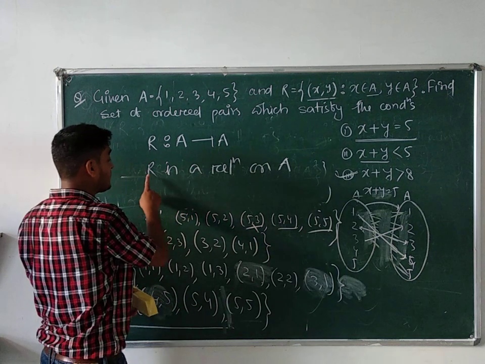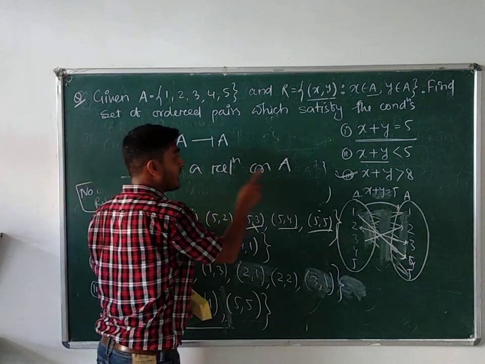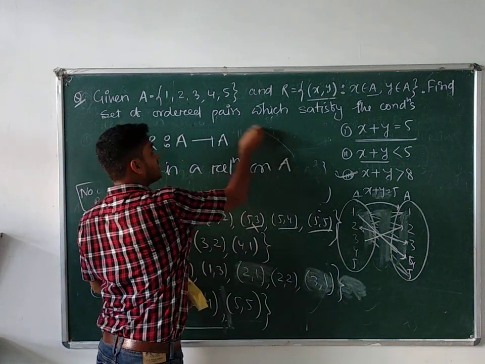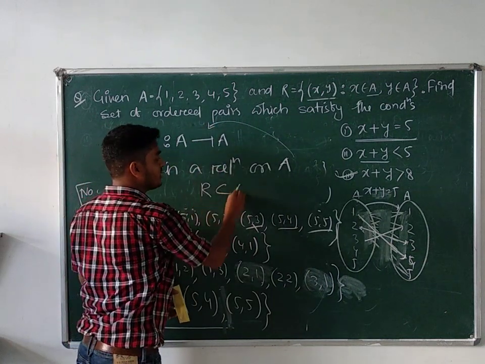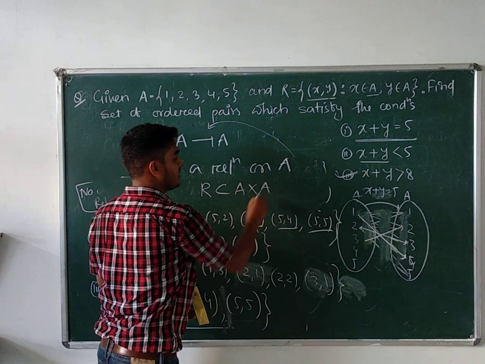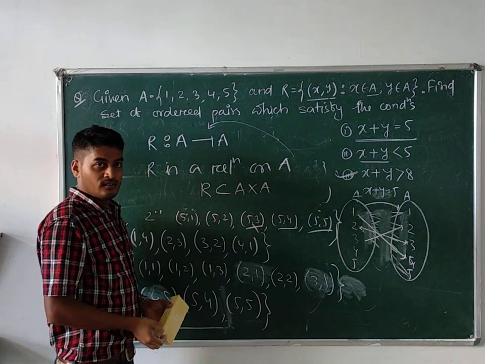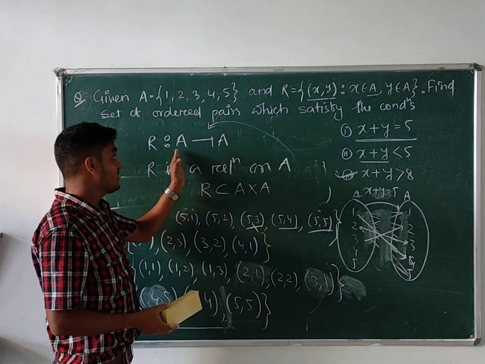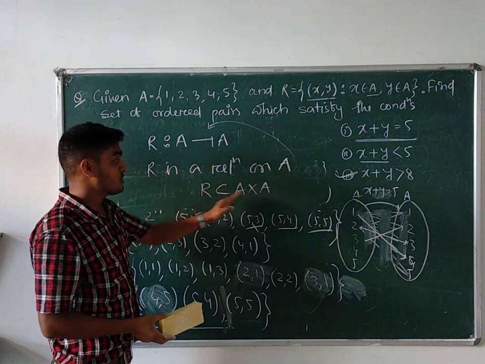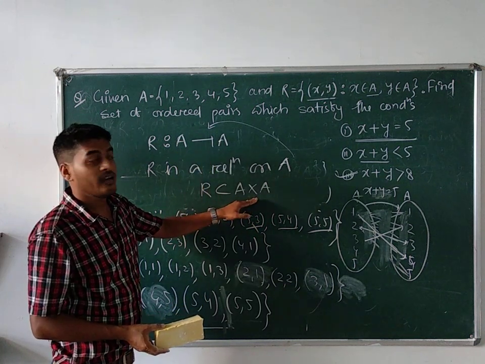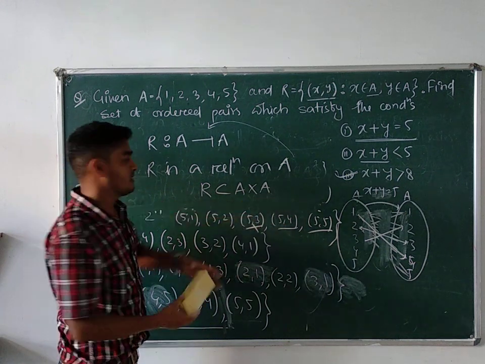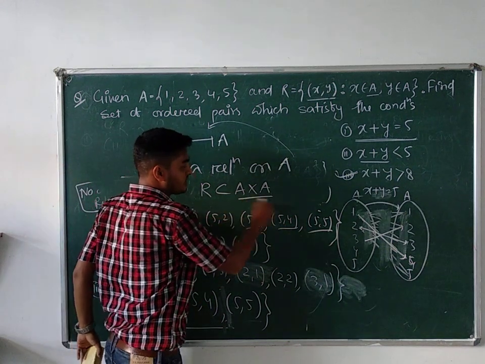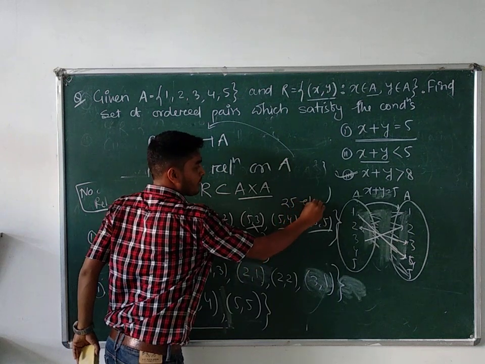But if the question mentions that R is a relation on A, this implies R is a relation from A to A. Or you can say that R is a subset of what? A cross A. Got it? R is a relation on A means R is a relation from A to A. That means R is a subset of what? A cross A. If A contains 5 elements, how many elements does A cross A contain? 25 elements.